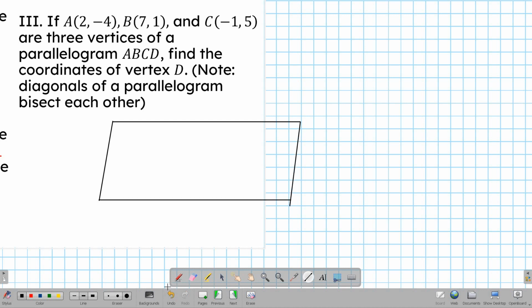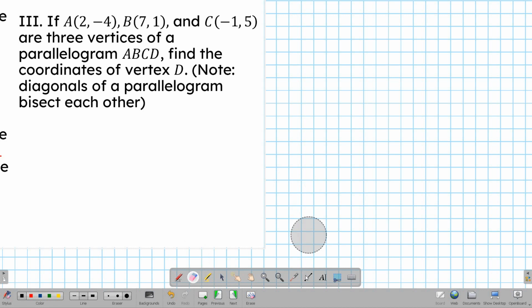I think it's better if we're going to draw. Wait lang. So let's erase this. Ayan. So let's now draw a Cartesian plane para mas maintindihan natin. There you go.